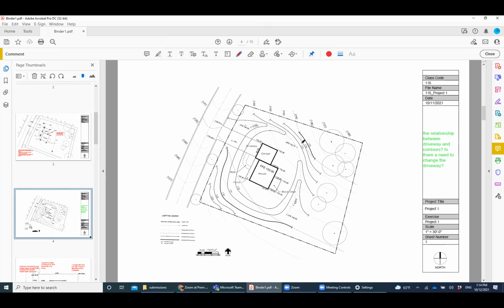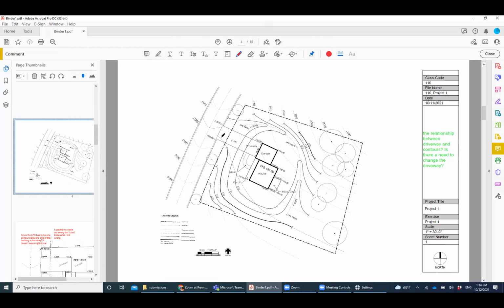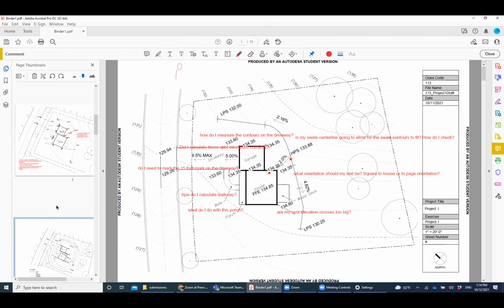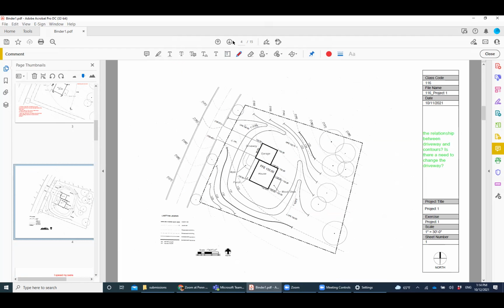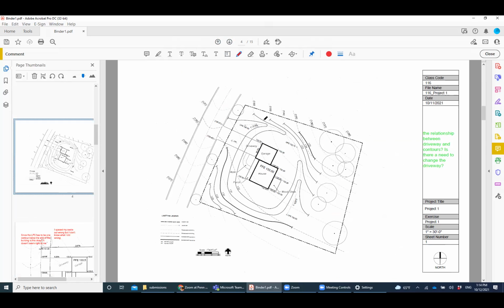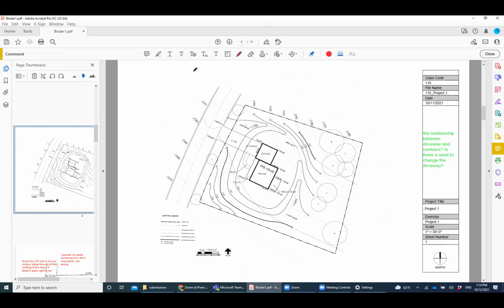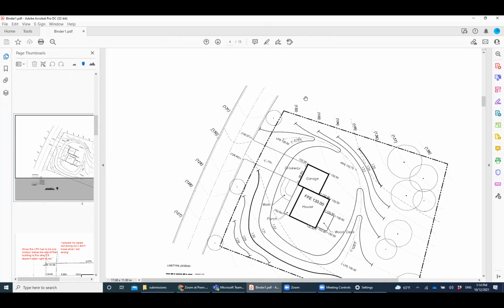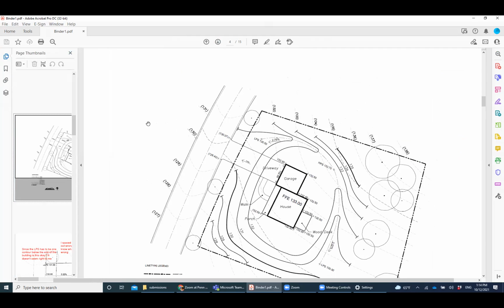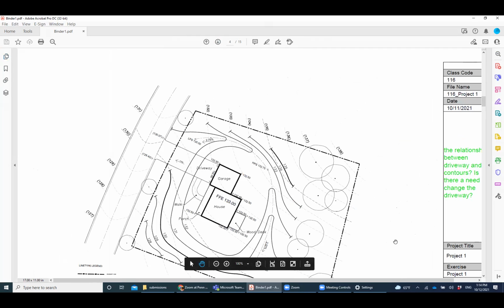Okay, let's take a closer look. So you have the garage as 132.50, and what's that calculation again? With me trying to zoom in, you probably sensed your spot elevations are a little too small.